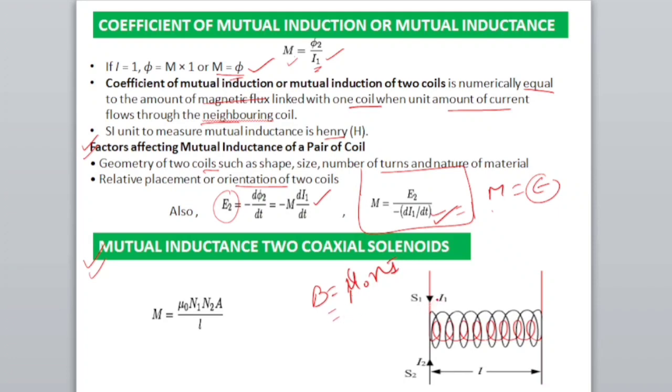Also magnetic flux is changing in the second solenoid, and due to this mutual inductance is there. So mutual inductance of two coaxial solenoids is given by M equal to mu naught N1 N2 A by L. L is length of the solenoid, A is area of cross section of the solenoid, N1 is total number of turns in first solenoid, N2 is total number of turns in second solenoid, mu naught is permeability of free space. So you must remember this formula also.